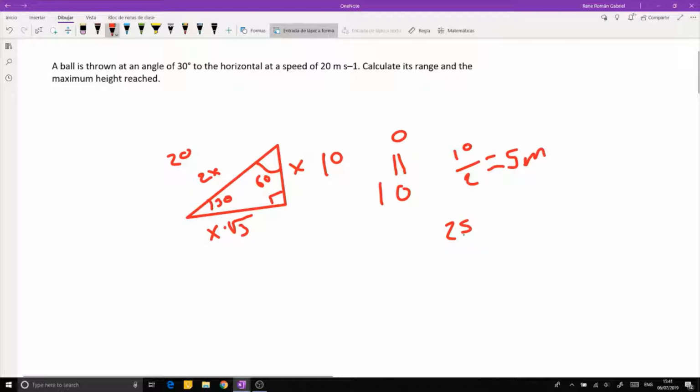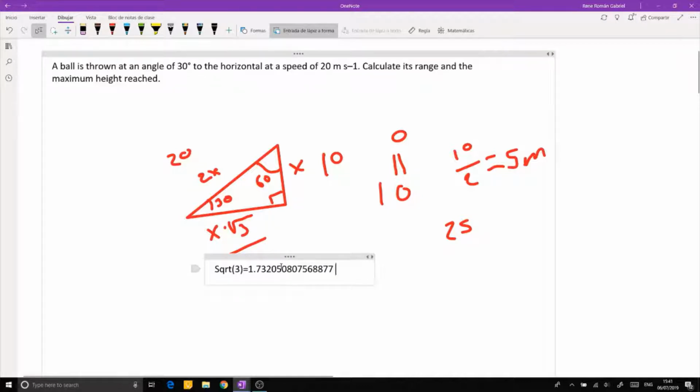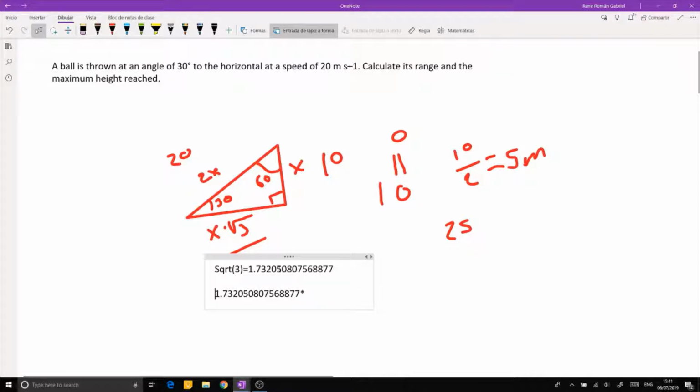Then we have to figure out what x times square root of 3 is. So what I would do is take the square root of 3 and multiply it times x, which we said was 10.